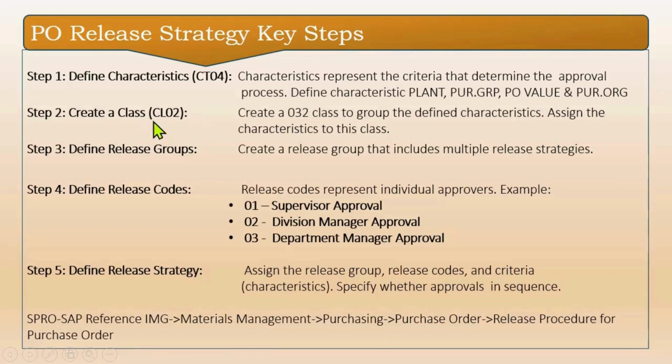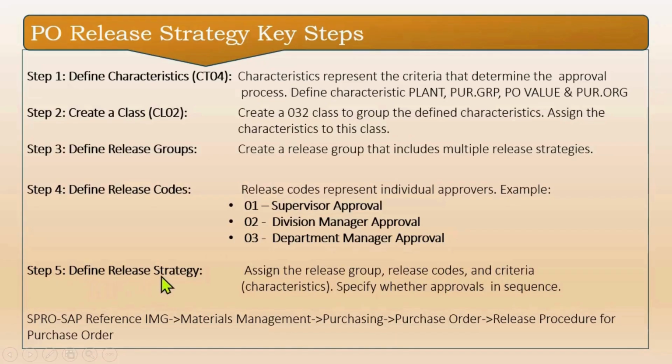Step 2, you need to create a class. Class 032 is the standard SAP class for the release strategy. Then after you create the class, you have to assign the characteristics to the class. Then you have to define the release groups. Then you have to define the release codes. Here you can build up to 8 levels. That's the maximum allowed. Here we are taking only 3.